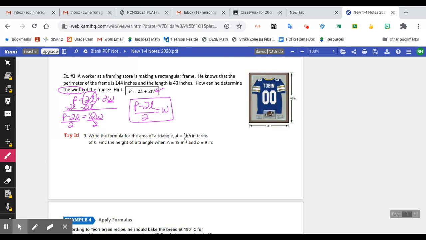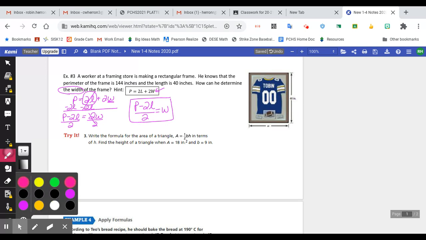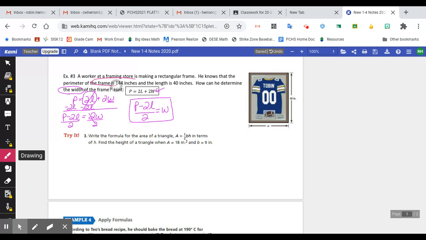Okay, now to actually solve for the width, we need to plug in what they gave us for information. So if it's 144 inches for perimeter and the length is 40, let's plug in what they gave us. 144 for perimeter minus 2 times 40 for the length divided by 2.